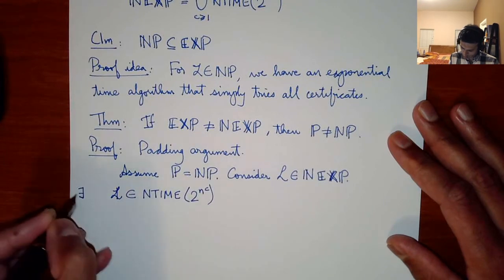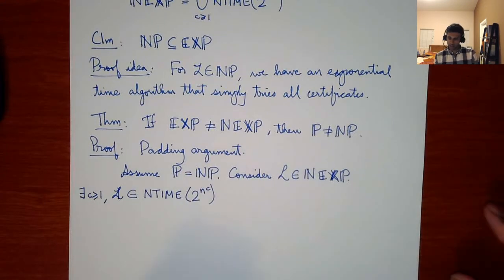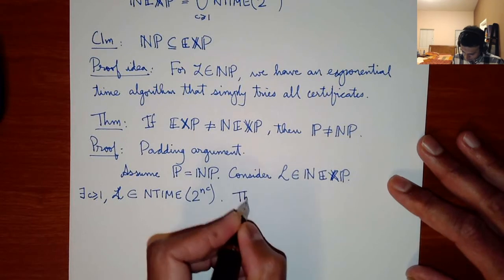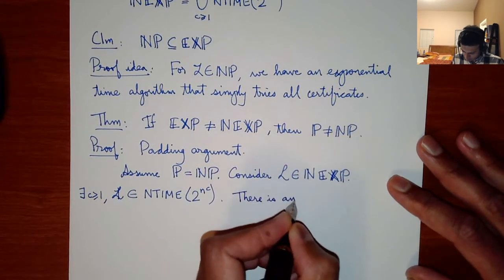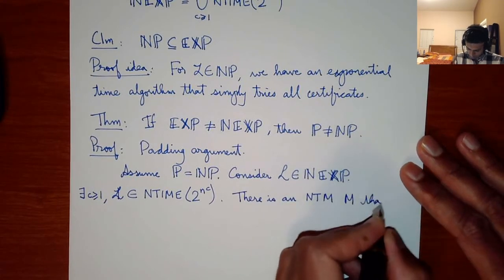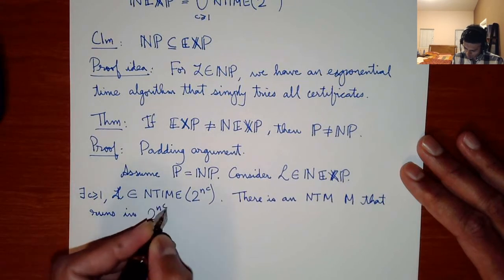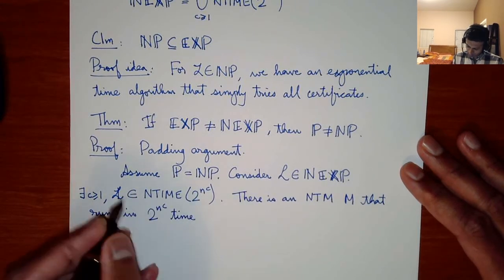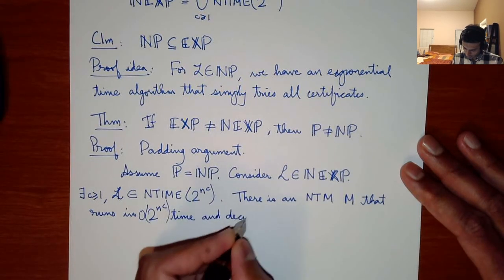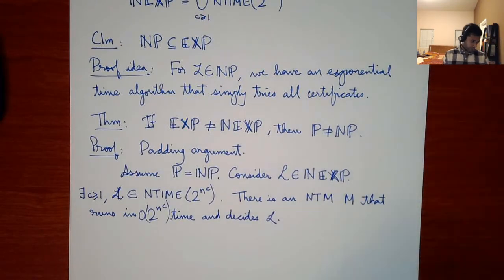So there exists some c greater than 1 such that L is in NTIME(2^(n^c)). So there is a non-deterministic Turing machine M that runs in O(2^(n^c)) time and decides L. Okay?